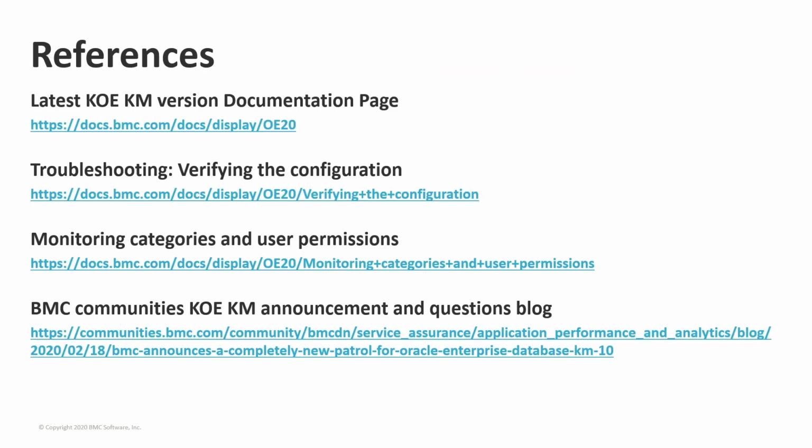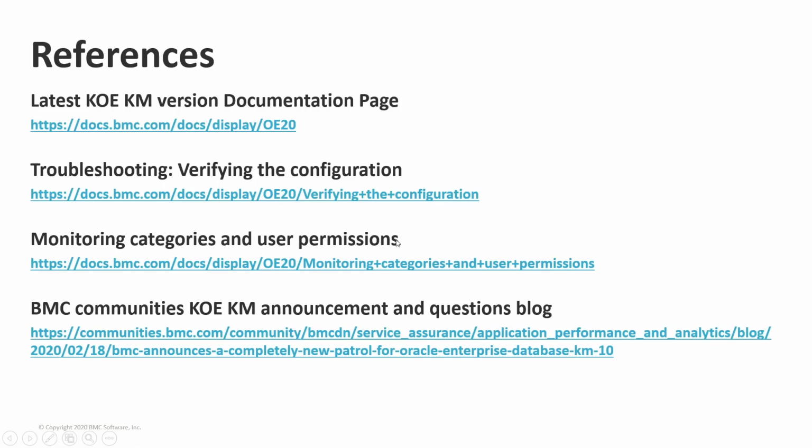Here, some references and links basically to documentation pages that we have covered. This is the main documentation page, verifying the configuration, where you can get the self-monitoring attributes information in case you need to verify something.